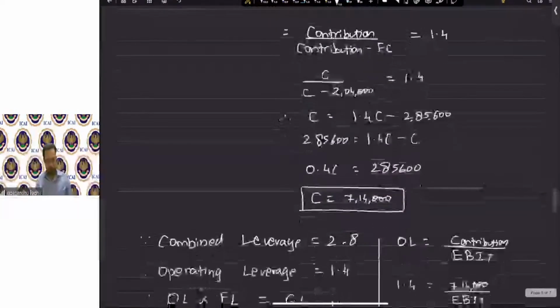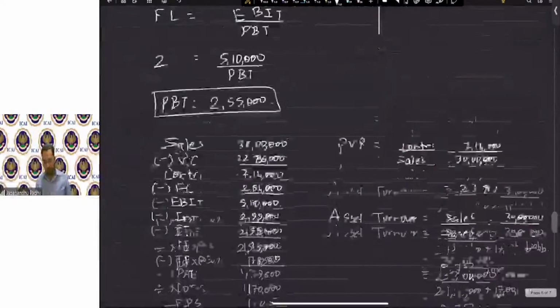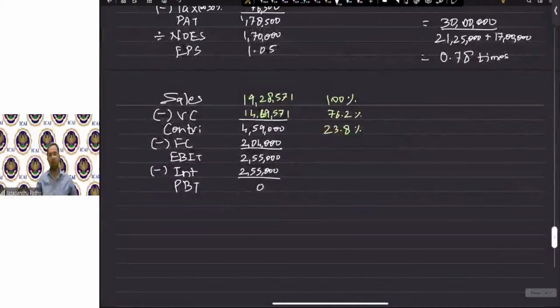Problem, or are we good with this question two? Everything clear for question number two? It was quite a lot of calculations.